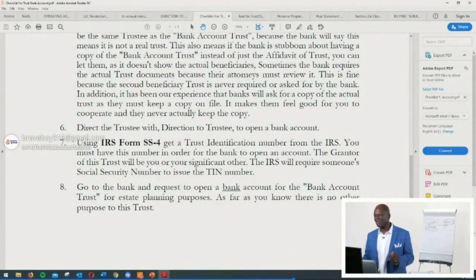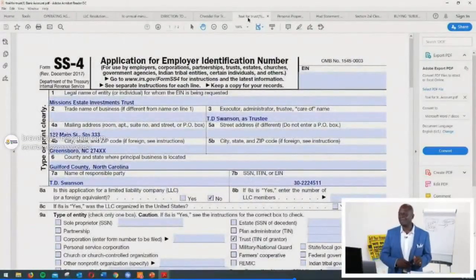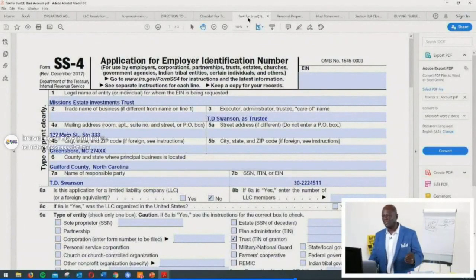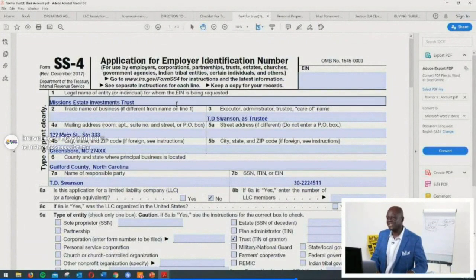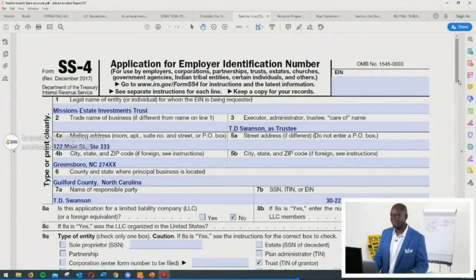How do we do that? We're going to do that by, first of all, going to the IRS website or completing this form. You're going to fill out a form SS-4. Everybody see this? Let me make it a little bit bigger for you. It says the Missions Estate Investments Trust.